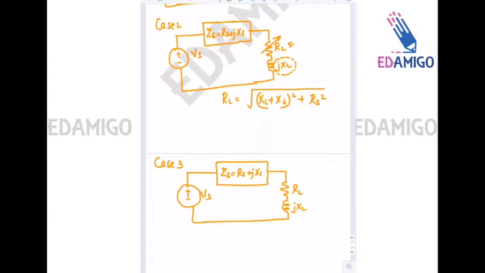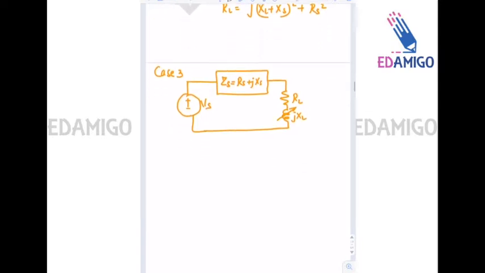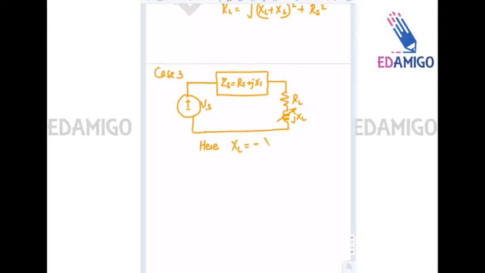Now here let us assume that for maximum power transfer, XL is variable and RL is a constant. So here maximum power transfer takes place when XL is equal to minus XS.